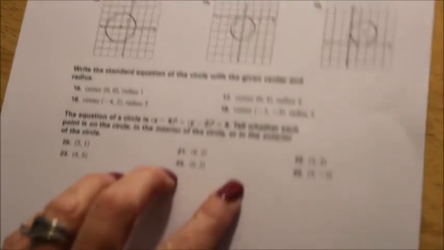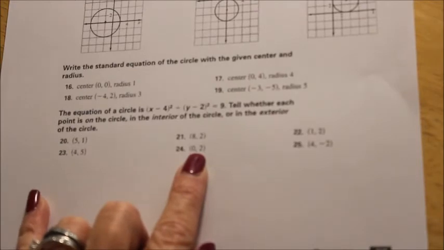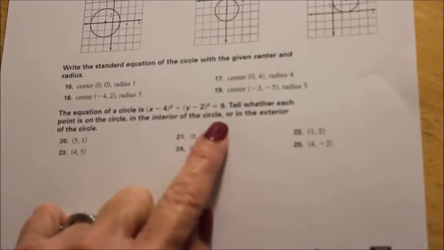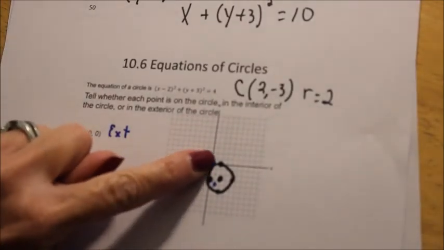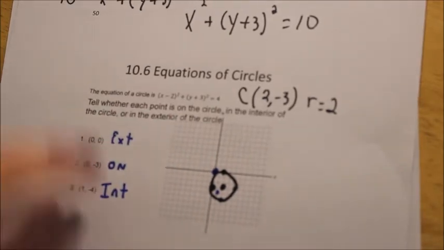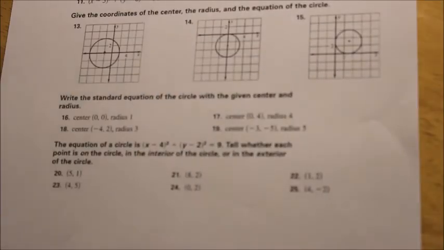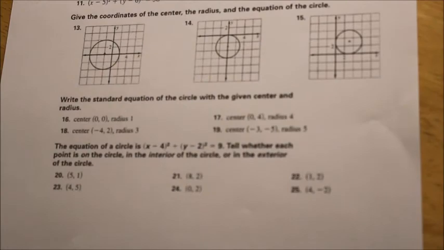It's going to be a little more precise if you use graph paper than if you just drew your own grid, because some of them might be really close. As an example, this first one that we did, 0, 0 was really close, but it wasn't quite on the circle, so it happened to be on the exterior. So my suggestion is to get a piece of graph paper if you have one, and you could probably print one out off free graph paper online for this assignment.